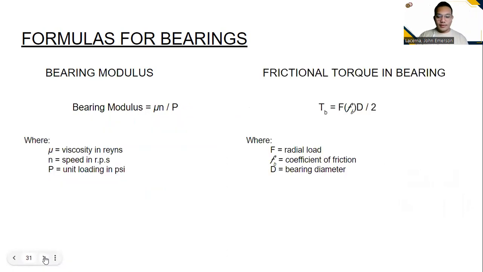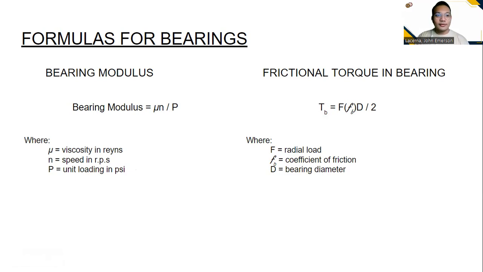Okay, we have the bearing modulus. Bearing modulus is equals to our viscosity in reins multiplied by speed in RPS or rotation per second over unit loading in PSI. Okay. What is bearing modulus nga pala? It is a dimensionless number used for determining okay.